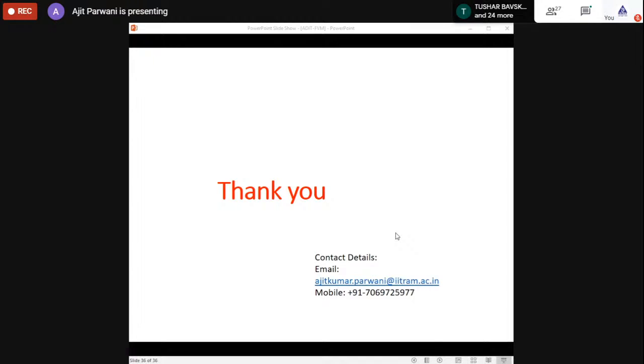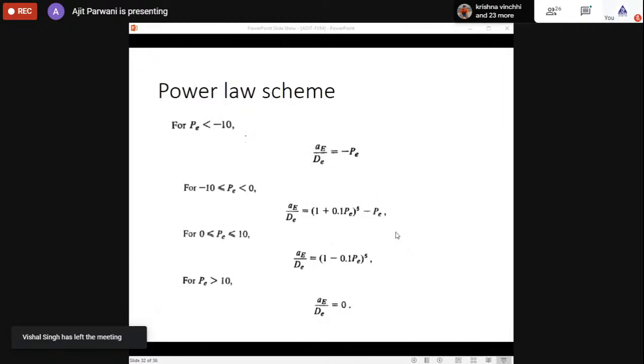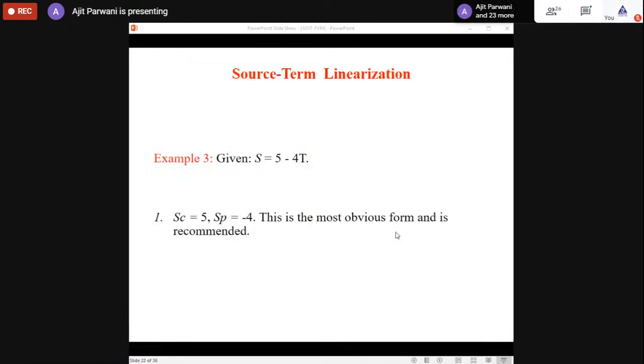Maybe for such heat transfer problems. I have shown you one problem, probably you missed it, the Gauss-Seidel method.